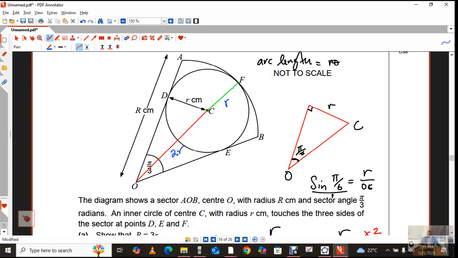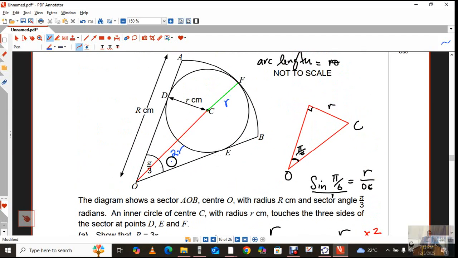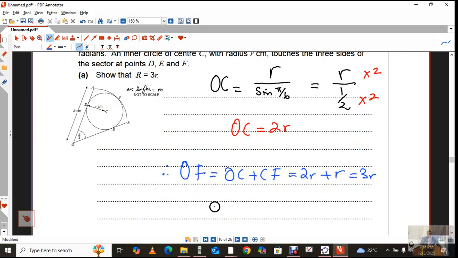Will be equal to 3R, which is also equal to R. So therefore, OF equals OC plus CF, obviously, which is 2R plus R, which is 3R. Therefore, R equals 3R.